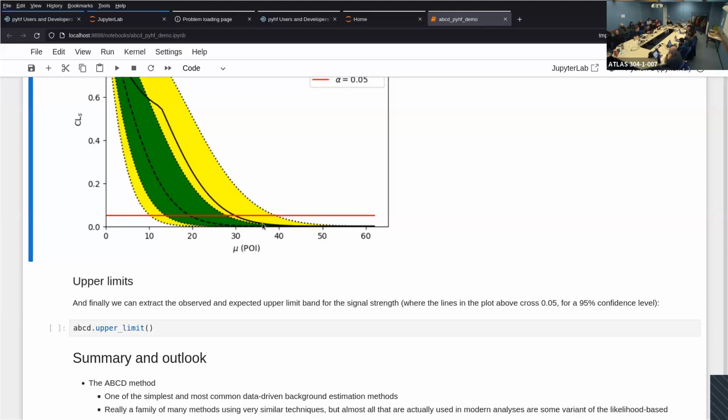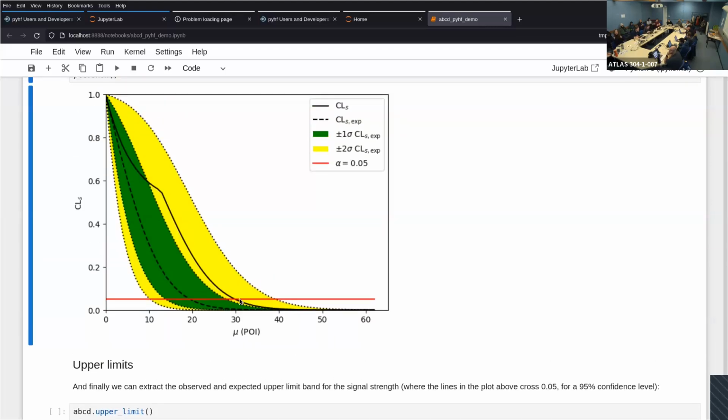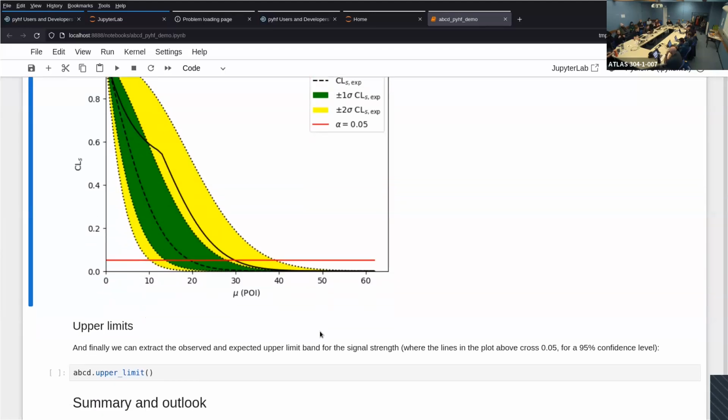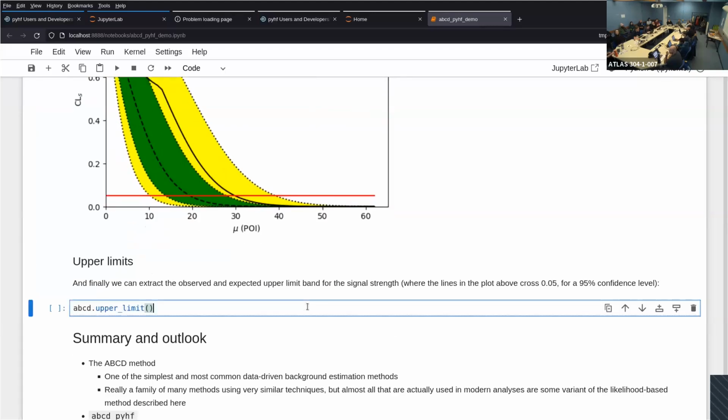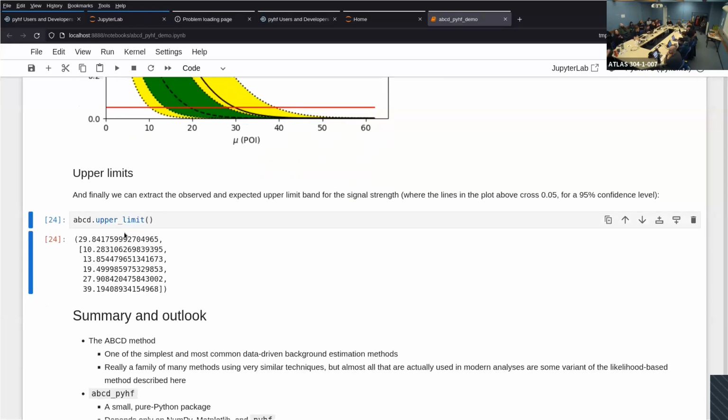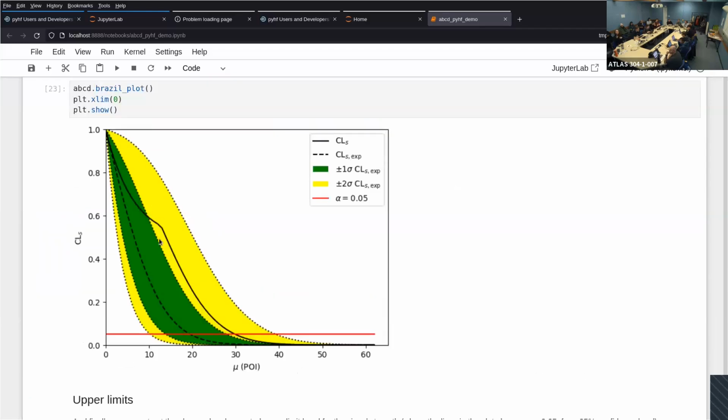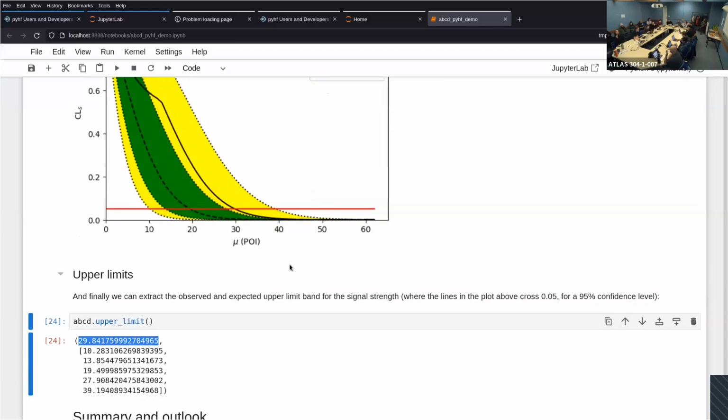And as the statistics increase in this particular case, because I know that there's an underlying signal here, this observed value, you get further and further away from the expected bands, and then you would start looking at potentially a discovery. So because there's not a significant enough excess, you would set an upper limit. And so this just gives you the observed, so the point where these lines cross the alpha of 0.05.